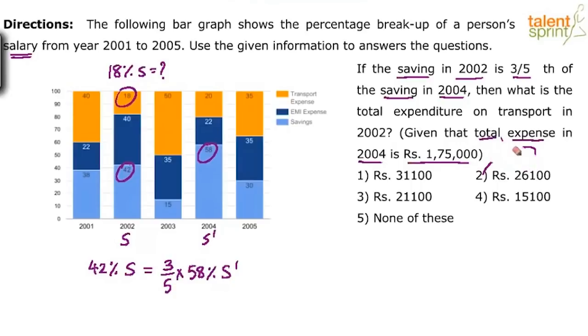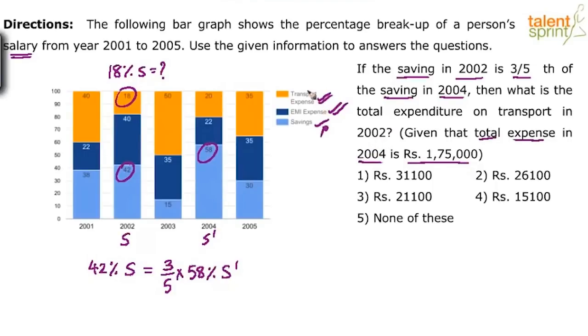You understand the difference? So basically, if you look at the components given here, which are transport expense, EMI expense and savings, what are expenses? Only transport and EMI are expenses. Saving is not an expense. So when he says 1,75,000 is the total expense for 2004, it does not mean that 100% of 2004 is 1,75,000.